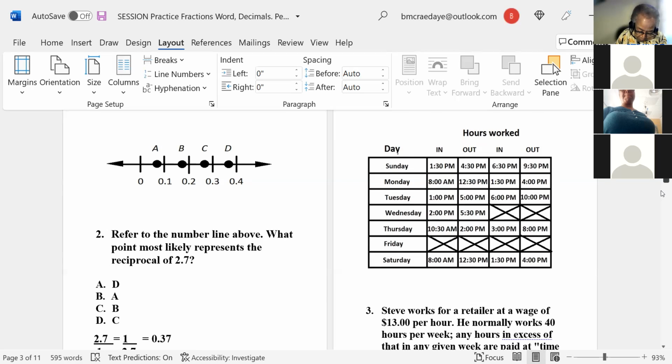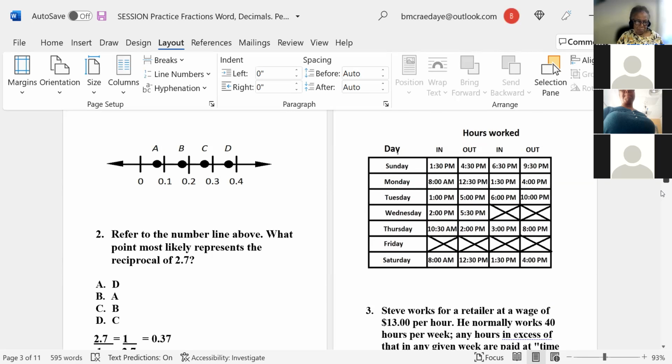1 to 4 is 3. And the other one is 6. And Sunday. Monday, seven.